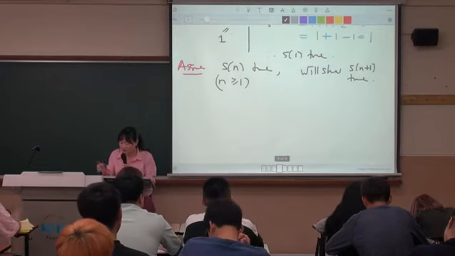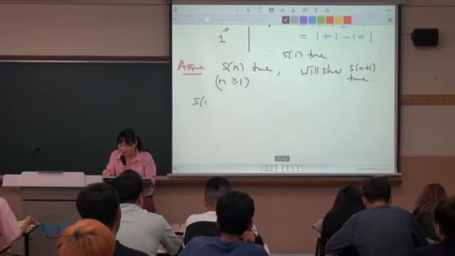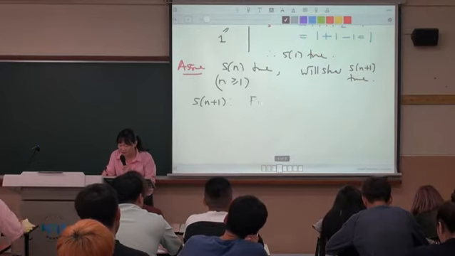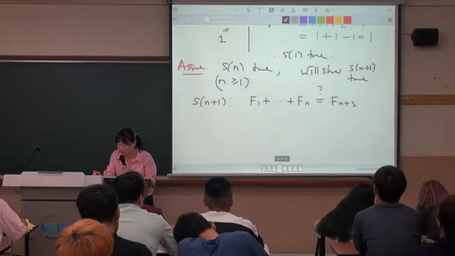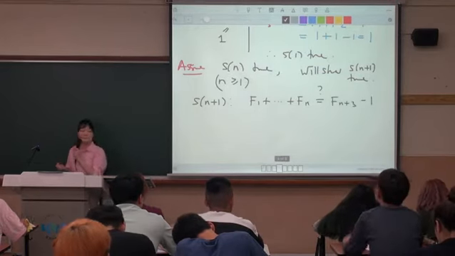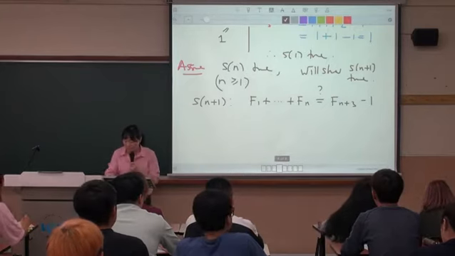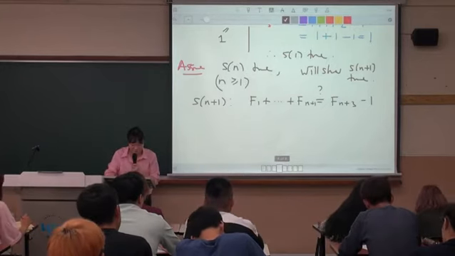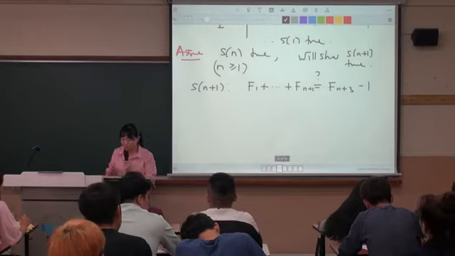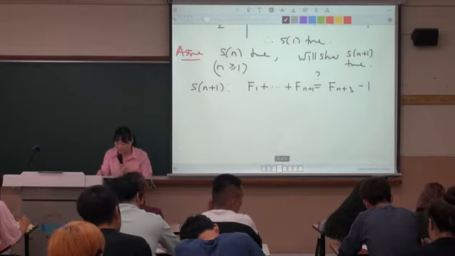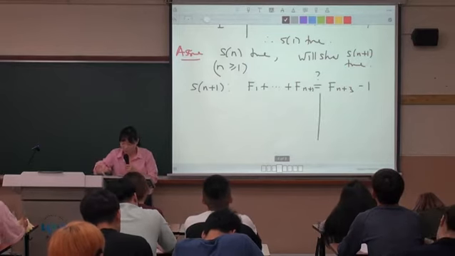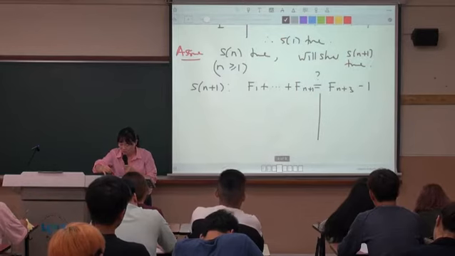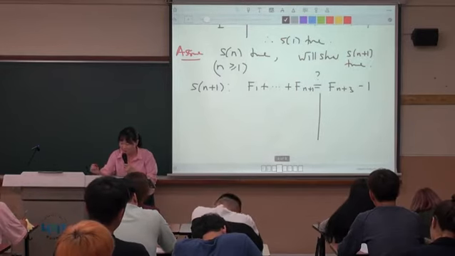So we'll show S n plus 1 true. So what is S n plus 1? F1 plus dot dot dot F n plus 1, does that equal to F n plus 3 minus 1? So left hand side, start.